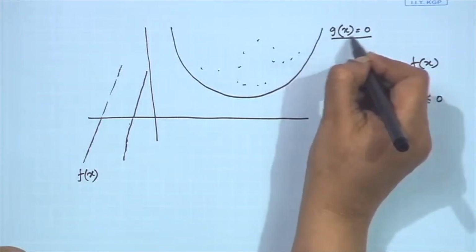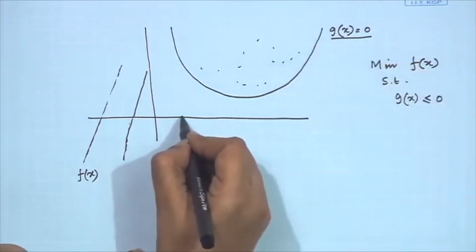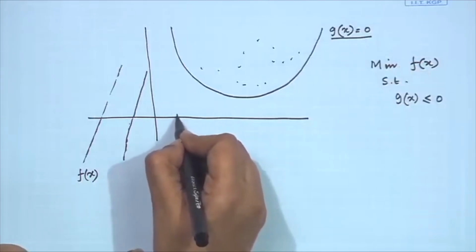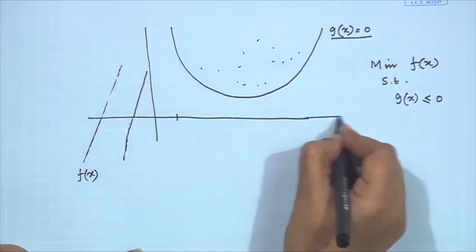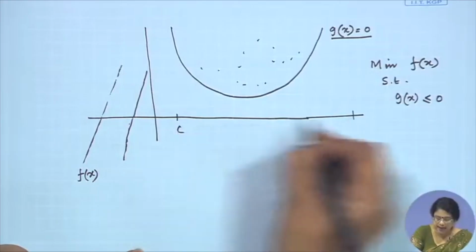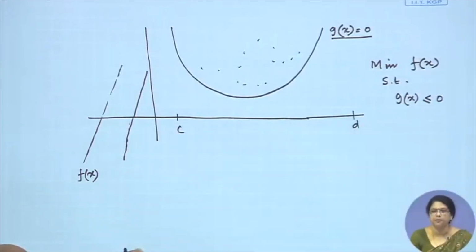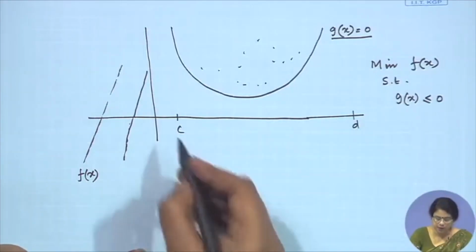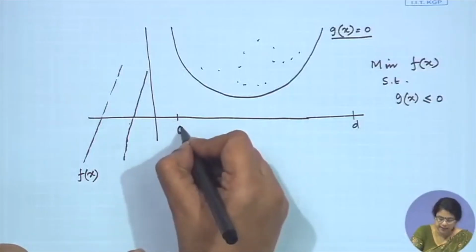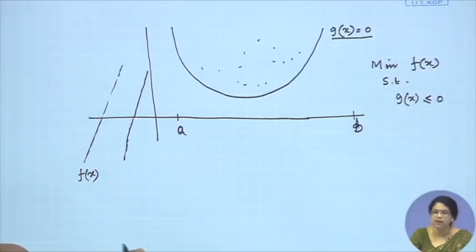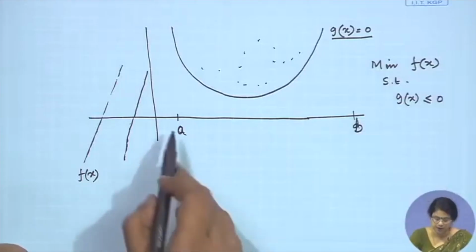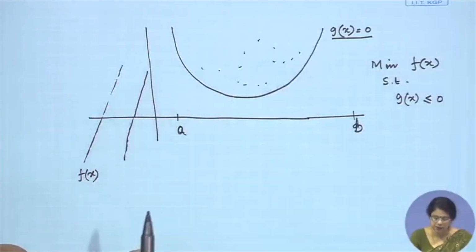We have to consider that the whole thing is included within C and D, say. Let me consider, instead of C and D, A and B, the first 2 points. The function is in between these.